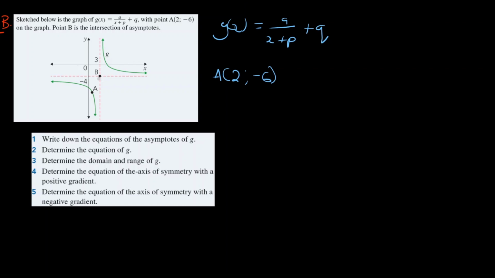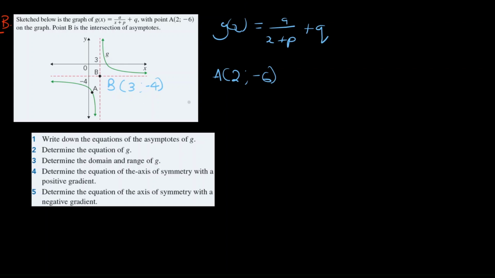We can see that B is the intersection of the vertical and the horizontal asymptote. And we're told A is a point on the graph, and that's all. So we can actually see that the coordinates of B are (3;-4), because you can see the vertical is 3 and the horizontal is -4. So the coordinates of B are (3;-4).